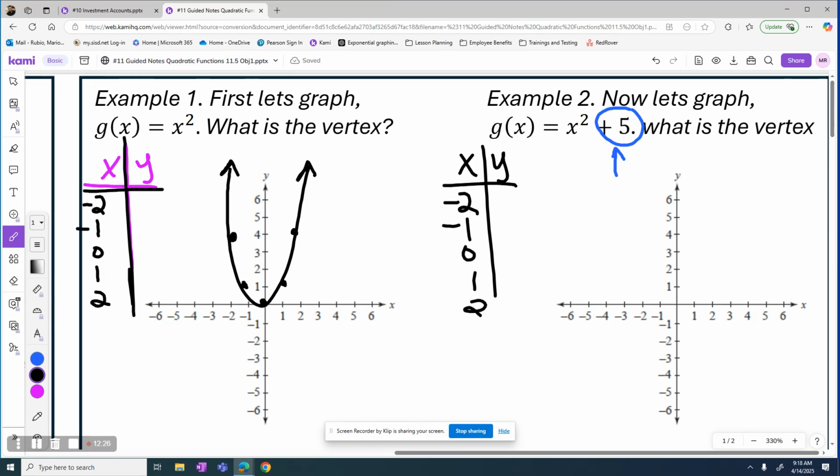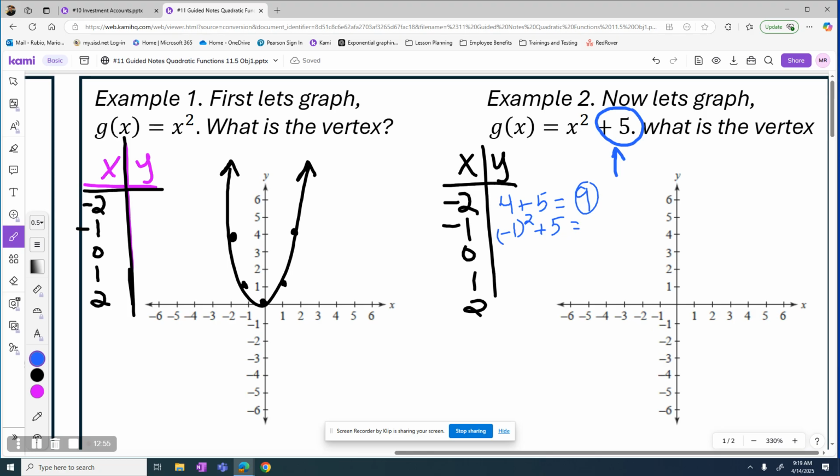Same numbers, same substitution, except instead of doing a little baby one, we have to do an extra step. Okay, so look, it's still negative 2 squared is 4, plus 5 equals 9. Does that make sense? Negative 1 squared plus 5 equals what?